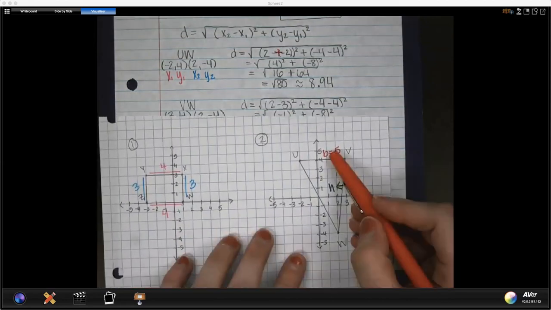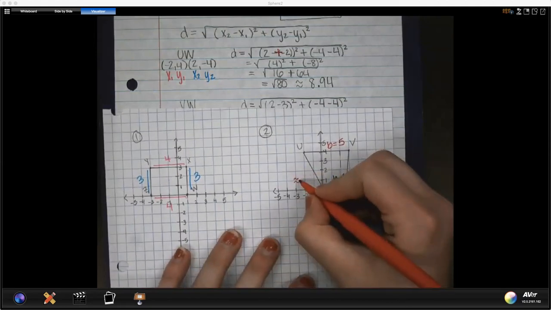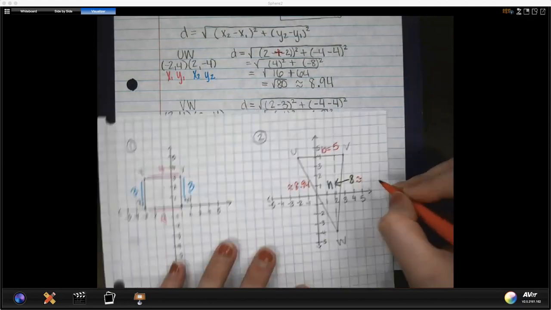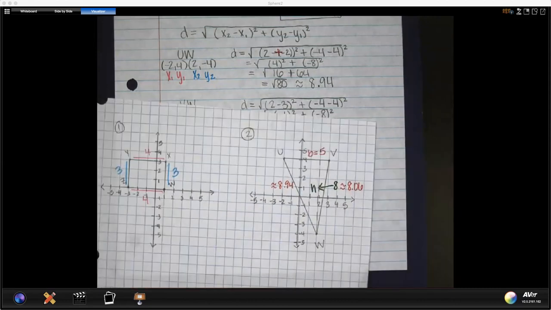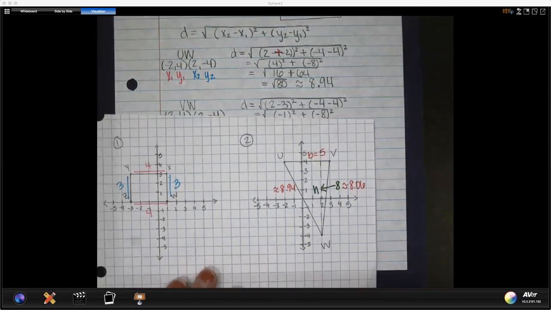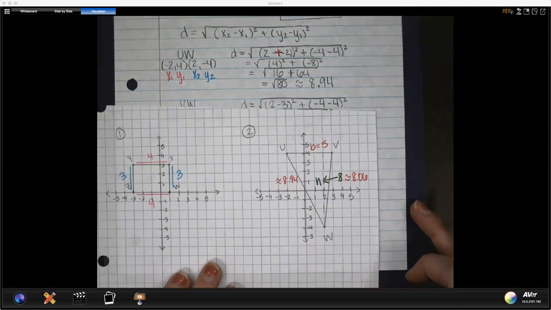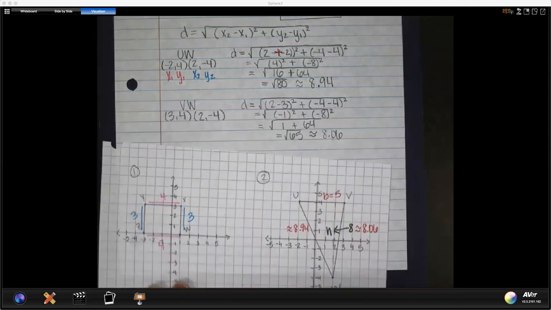Okay, so now we've found the base was 5, UW was approximately 8.94, and VW was approximately 8.06. So how are we going to find the perimeter? How do we find the perimeter? Yeah, you add all three together.